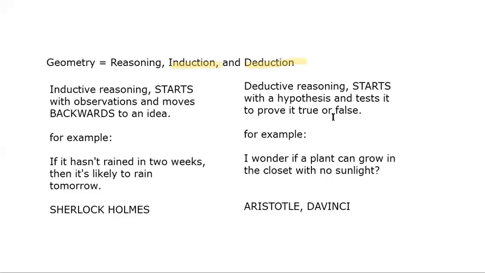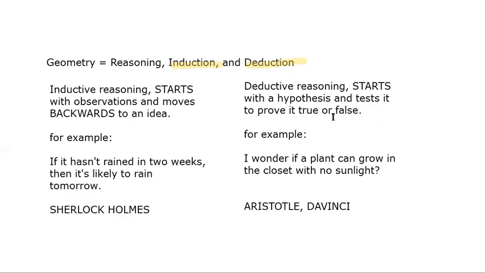The other type of reasoning is deductive reasoning. This is what we did in science class, the scientific method. You have your hypothesis, and then you do your testing and you record your data and you prove it true or false. When you want to know if something is true, you have a hypothesis when you start out, and then at the end, after you collect some data, you decide if it was true or not.